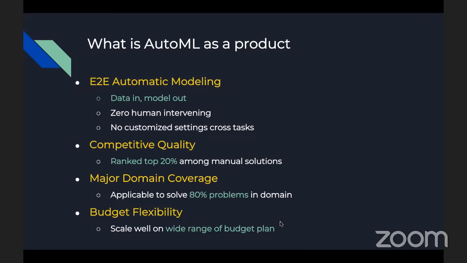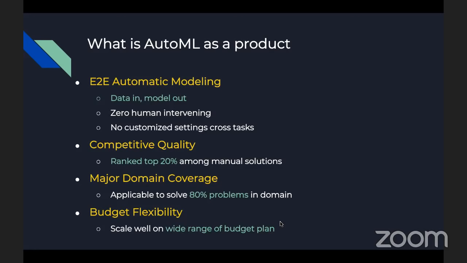But the strength is that it can automatically scale to 80% of the problems in the domain. If we can do it this way, I think it could enormously scale machine learning in real world problems.